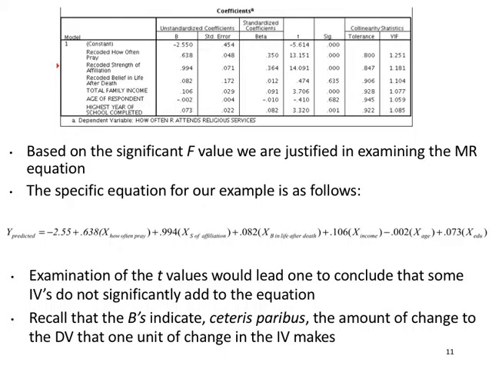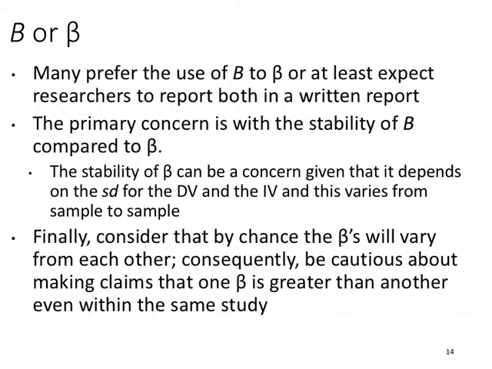You can just get some understanding of how we might rank the influence of the independent variables on our dependent variable. So does that make sense? So that's my advice: just report both. If you think you need to report beta, just please also report B.